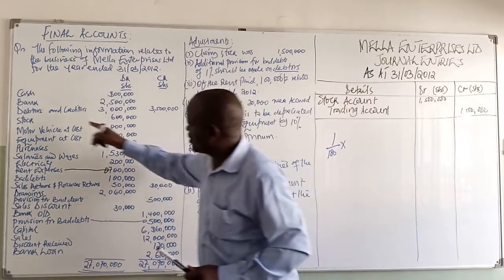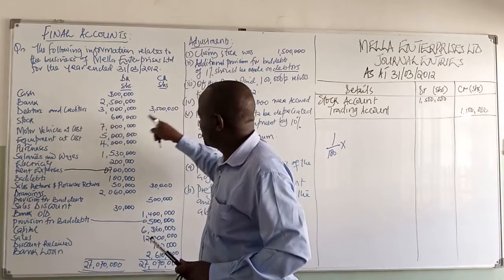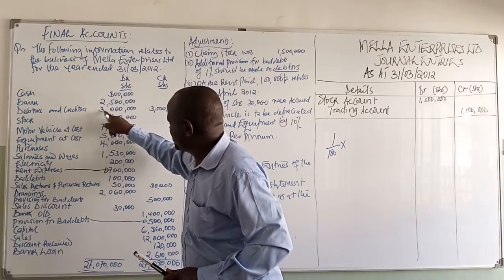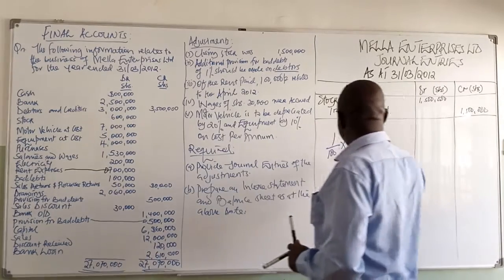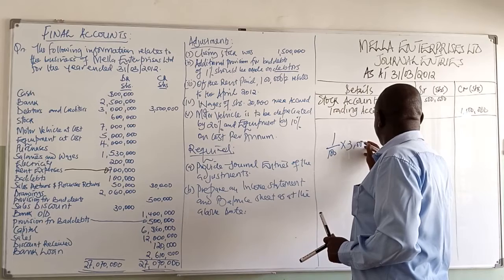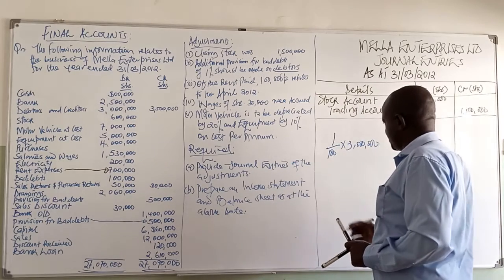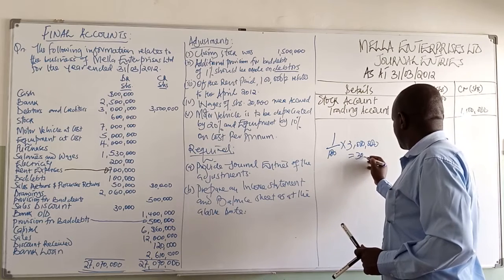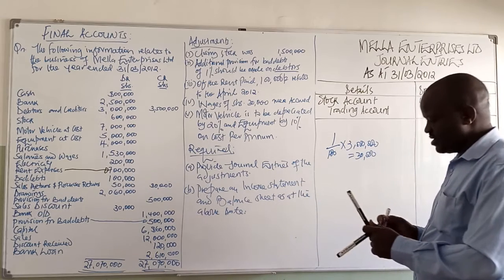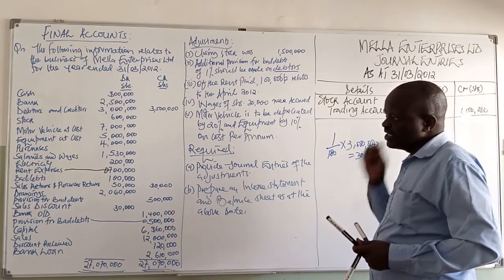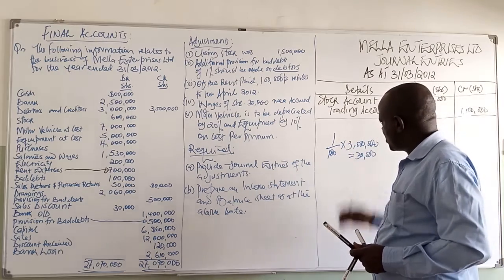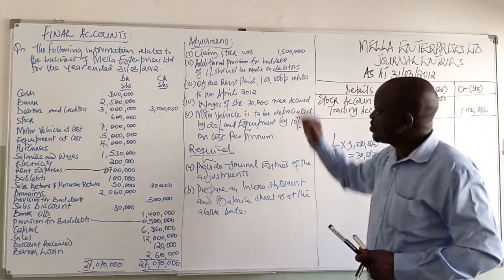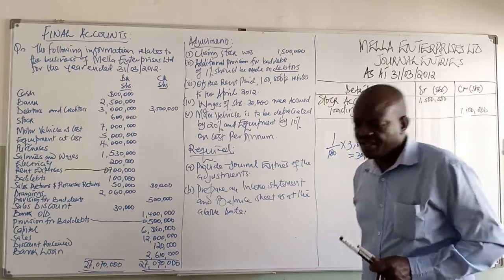You go in the ledger and look for the debtors. You have debtors and creditors. So 3 million represents the debtors, times 3 million. So we have here 30,000. Just like that. So we have created our provision, additional 1% of the debtors.